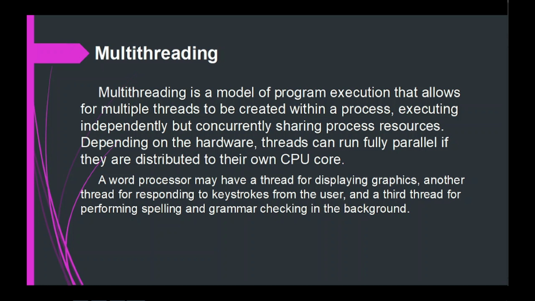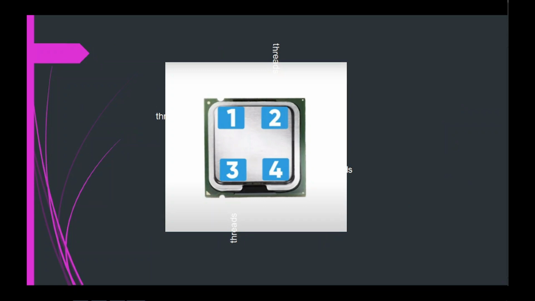For example, a word processor may have a thread for displaying graphics, another thread for responding to keystrokes from the user, and a third thread for performing spelling and grammar checking in the background. It depends on the core or CPU, so that when the system needs to access those kinds of functions, it automatically switches them back. So this is how multi-threading works.